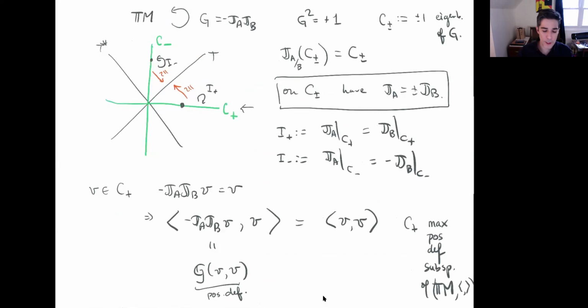So these two Hermitian spaces, when we identify them via the natural projection, will give the same exact Riemannian metric, but not the same complex structures.